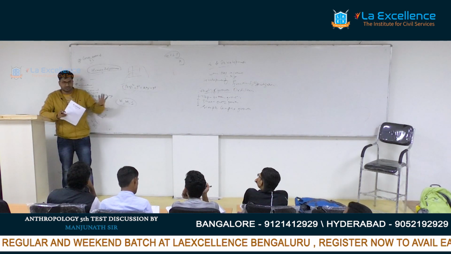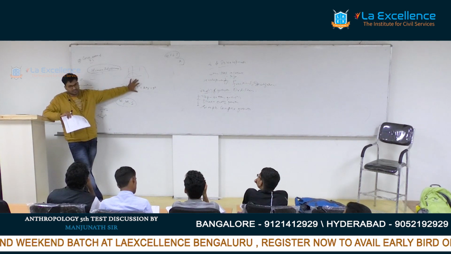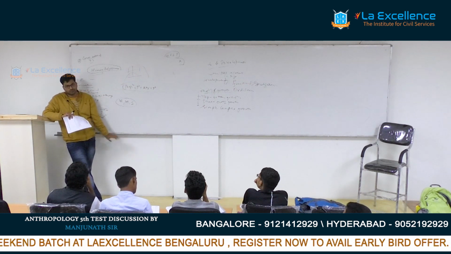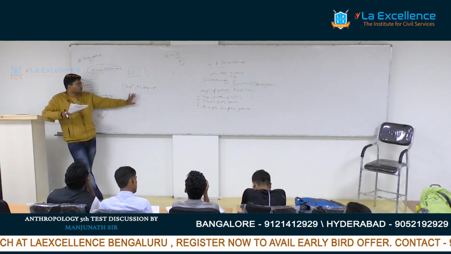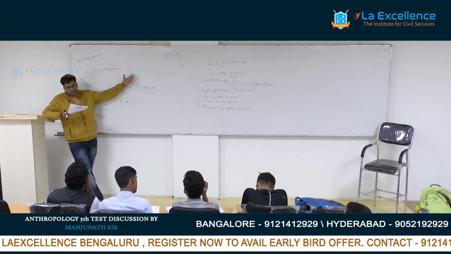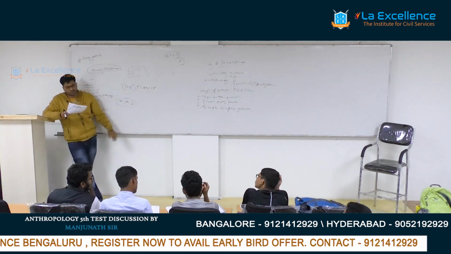You know the equation, right? The Hardy-Weinberg law equation. Somehow just write it. The formula should be present. And give the assumptions. What is P? What is Q? Just draw one Punnett square. This is how it is, and this is how it comes.